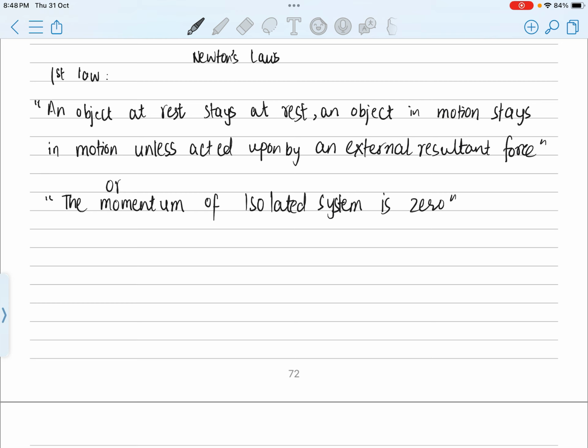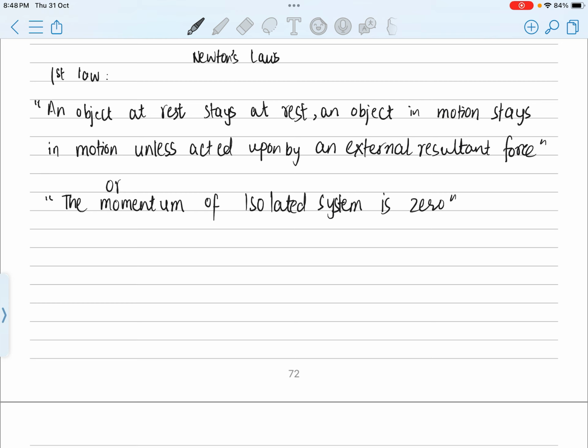Newton's laws are important in understanding forces and their effects on moving objects and objects at rest.